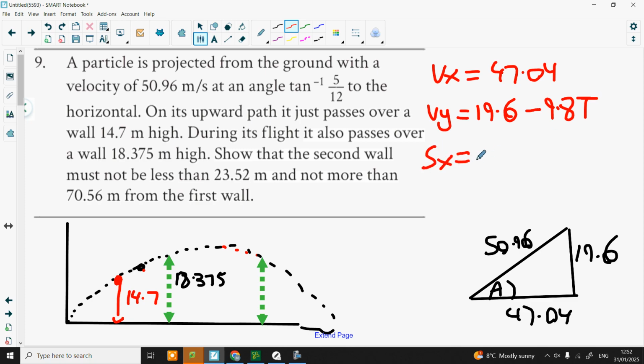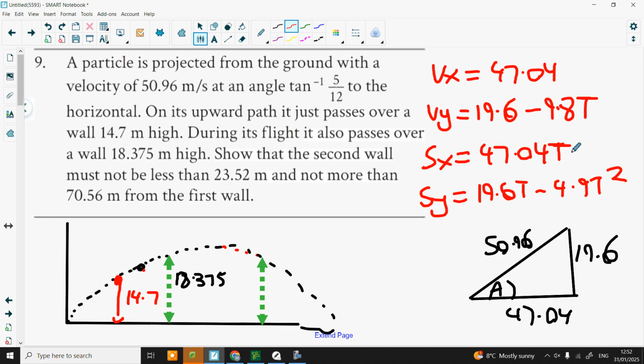Your s x, guys, is your speed multiplied by time, no acceleration. Your s y, that's half of gravity, 4.9 t squared.